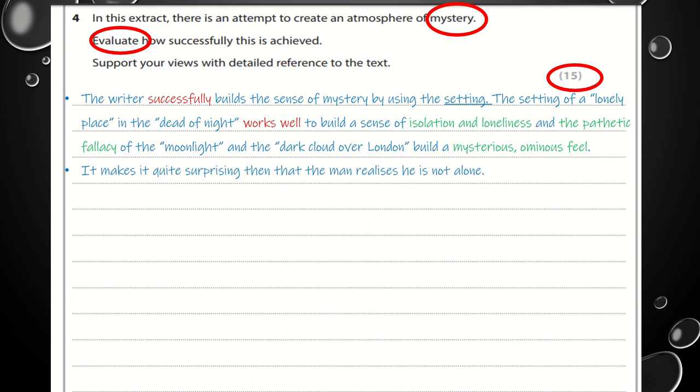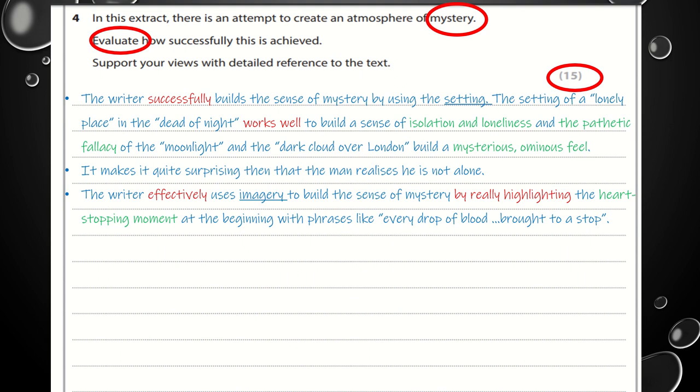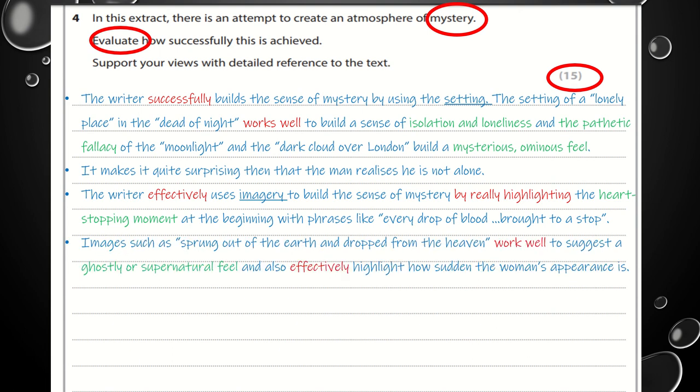So it makes it quite surprising then that the man realizes he's not alone. The writer effectively uses imagery. So he's now using it. If we look at the imagery, which is just the words and phrases, the metaphors, by building the sense of mystery by really highlighting the heart-stopping moment with every drop of blood brought to a stop. Images such as "sprung out of the earth" and "dropped from the heaven." You'll also notice that every sentence that I'm writing here has really got quotes in it.